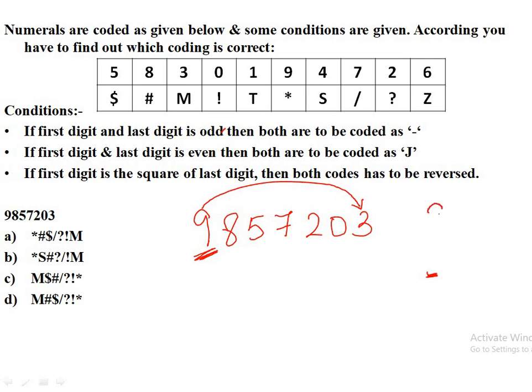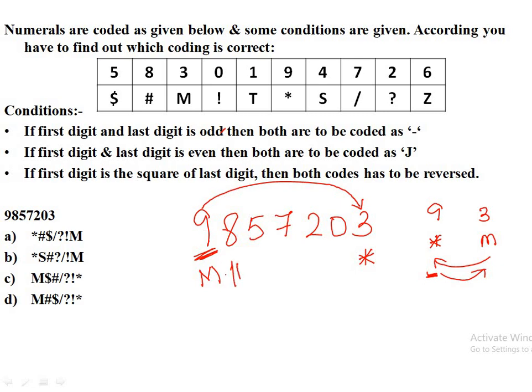What is the code for 9? Code for 9 is star, and what is the code for 3? Code for 3 is M. So this will be reversed. Is this clear? In the place of star, I'll be getting M, and in the place of M, I'll be getting star. Just reversing, nothing else. And the other remaining numbers remain the same.